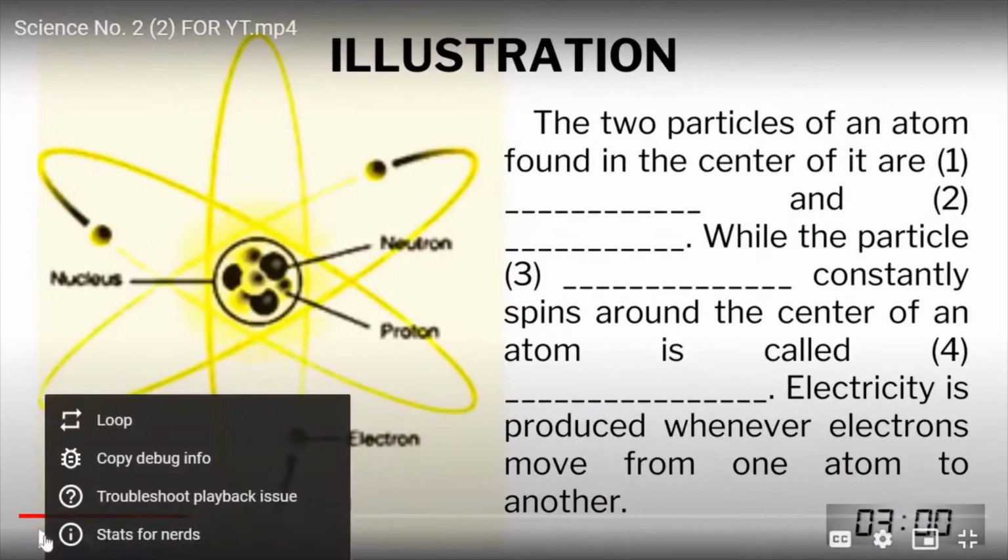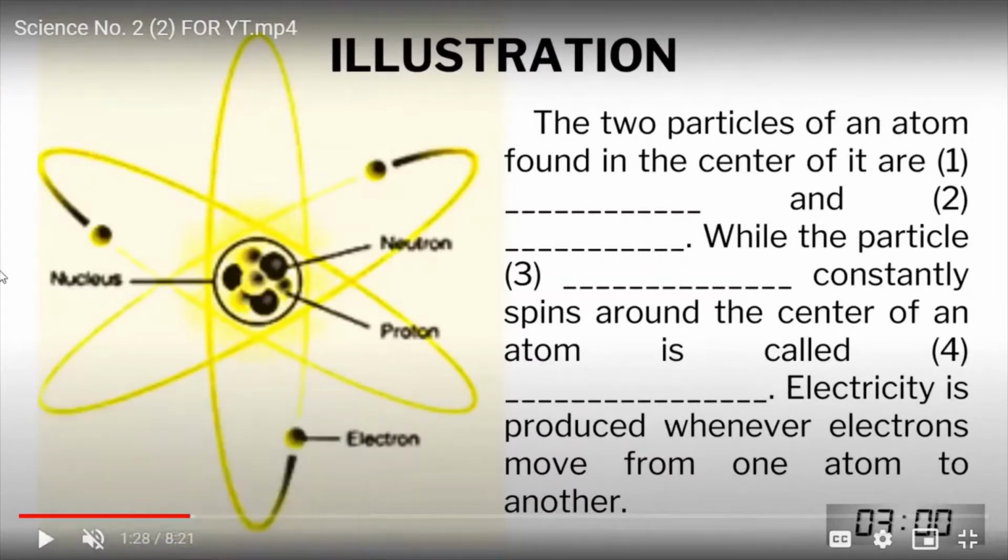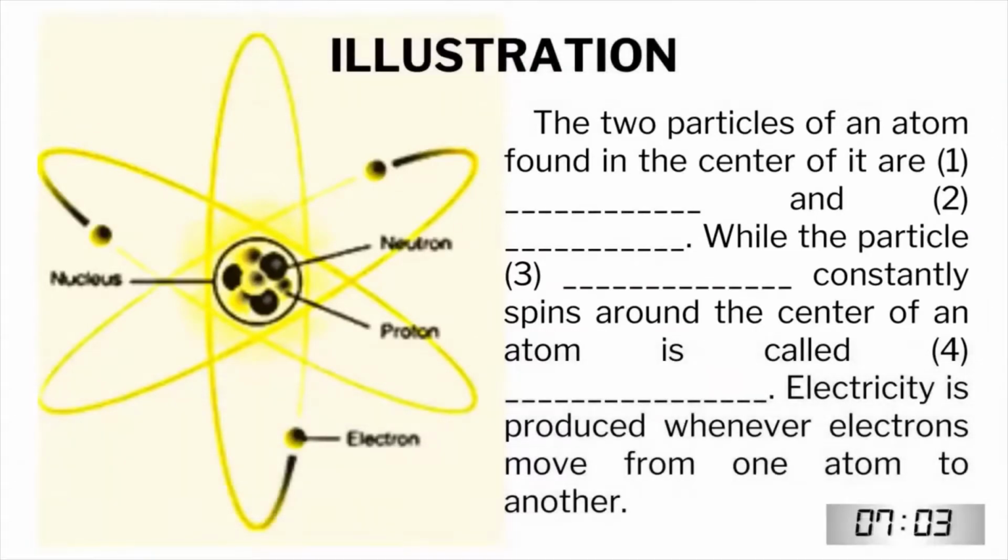In this illustration, the two particles of an atom found in the center of it are blank and blank, while the particle blank constantly spins around the center of an atom is called blank.